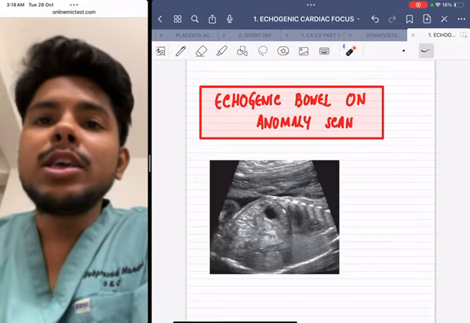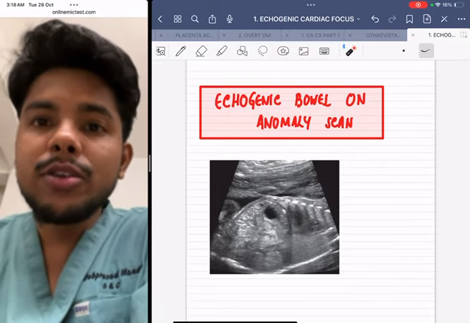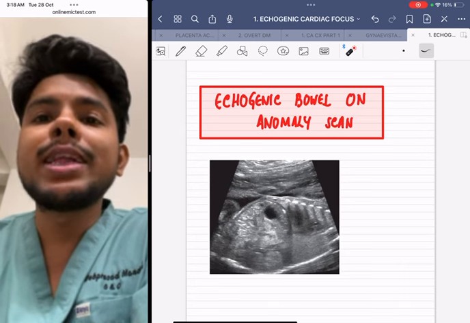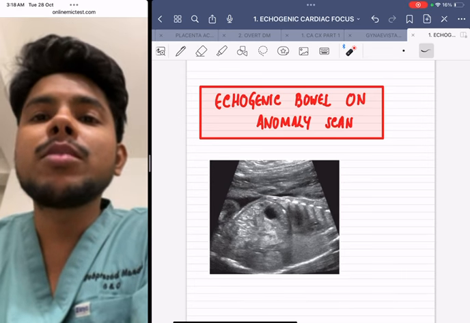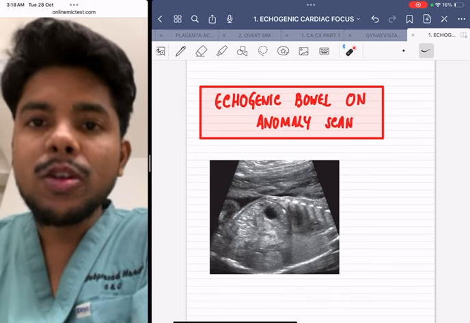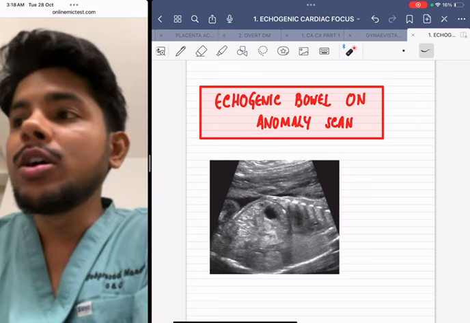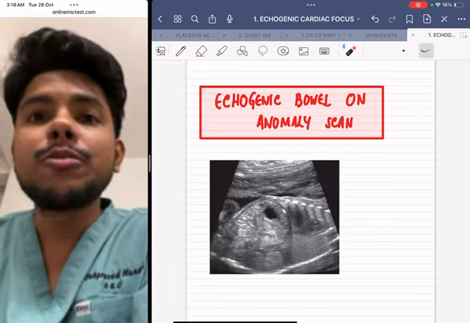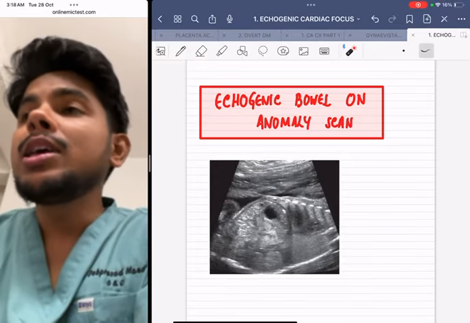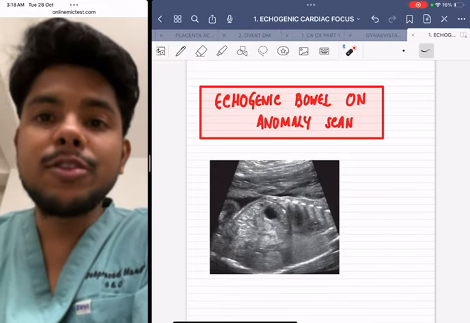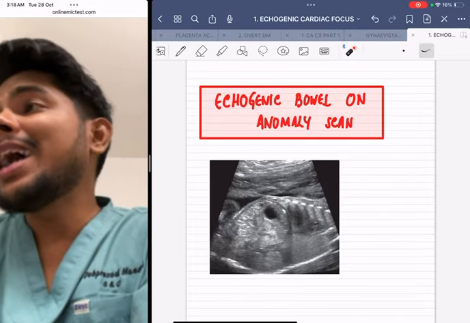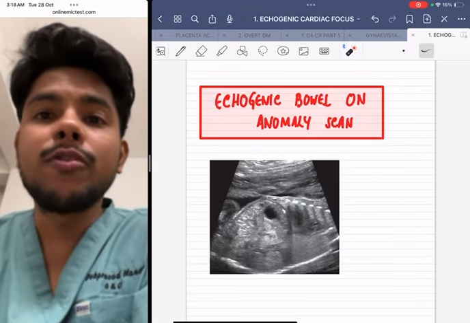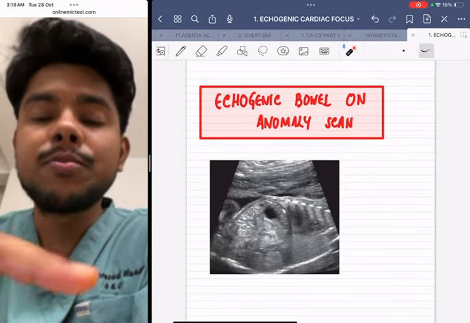Okay, if the Down screening is positive, go for NIPT. If the NIPT comes out to be positive, go for amniocentesis just to diagnose the chromosomal aneuploidy, which is trisomy 21. If the NIPT report turns out to be negative, it being highly accurate, we don't need to go for amniocentesis, which is an invasive procedure.